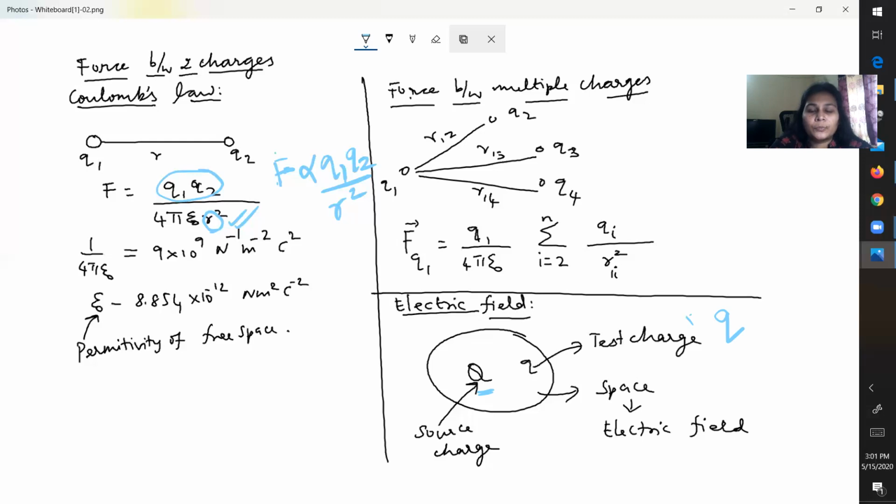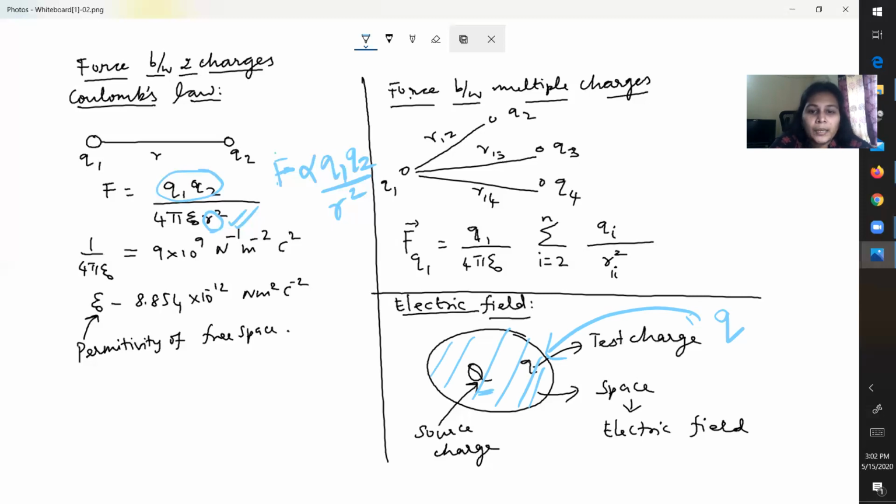That is my question. We have to understand up to what range my charge can exert its force. Always when I take a charge Q, there will be a finite space around the charge like this. If I bring the other charge within that space, then it will experience a force.